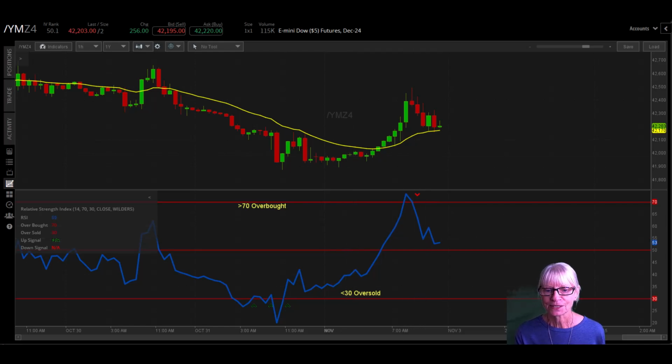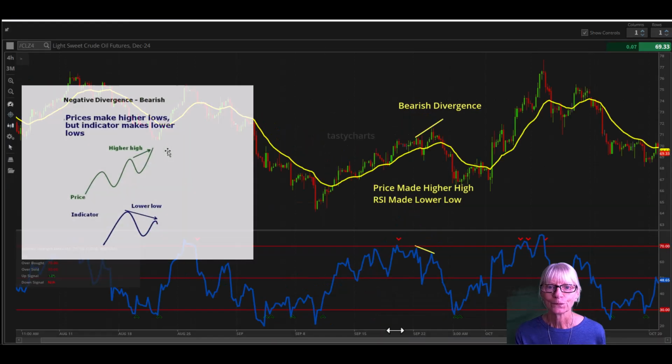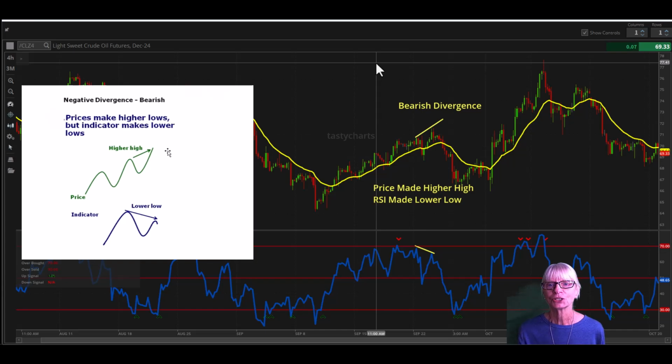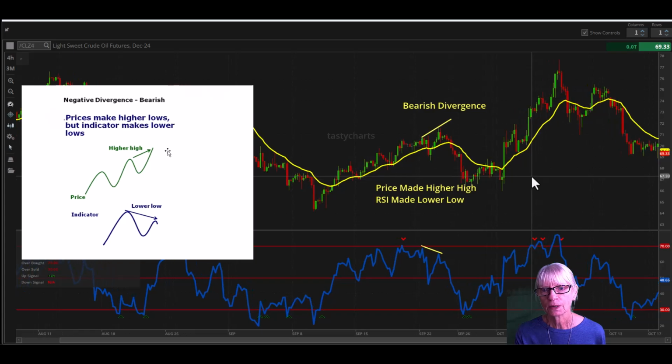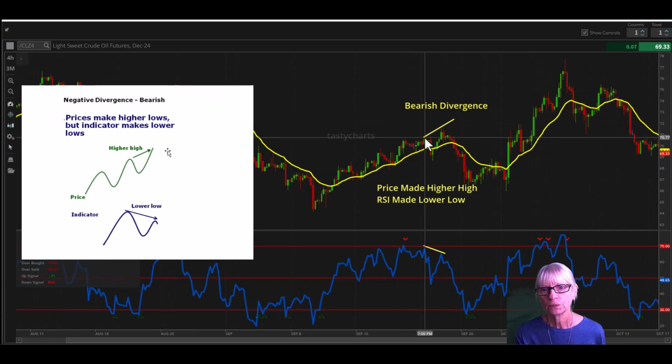Okay, so now let's talk about divergence. First, we're going to take a look at bearish divergence, as you'll see in the graph here on the screen. Bearish divergence is when the price is making higher highs, but the RSI is making lower lows. Now you see here, correlating on these trend lines that I have both on the price chart, moving up.